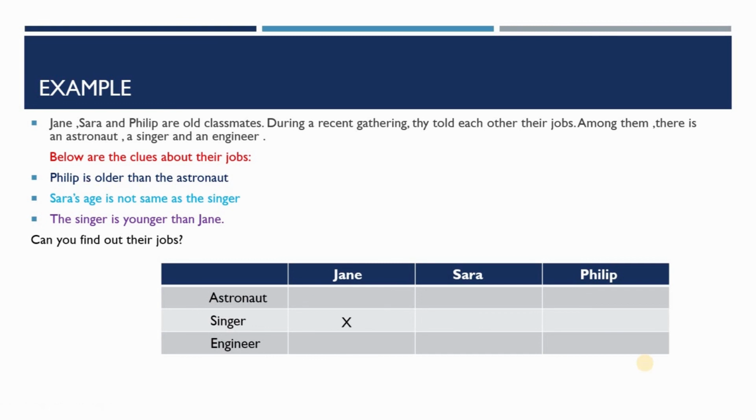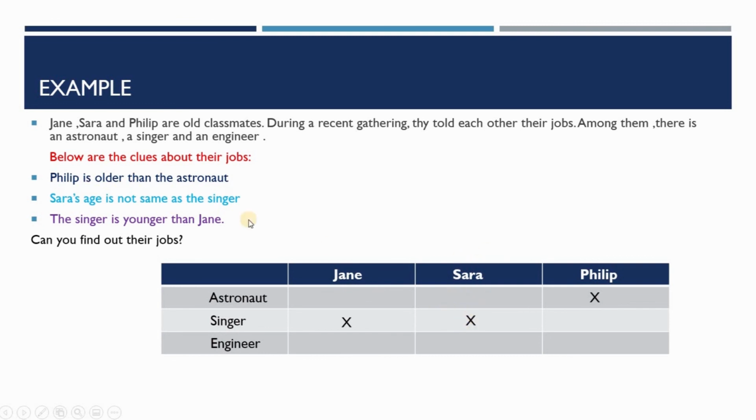So we know Philip is not the astronaut, because he's older than the astronaut. And also we know Sarah is not the singer, because Sarah's age is not the same as the singer's.